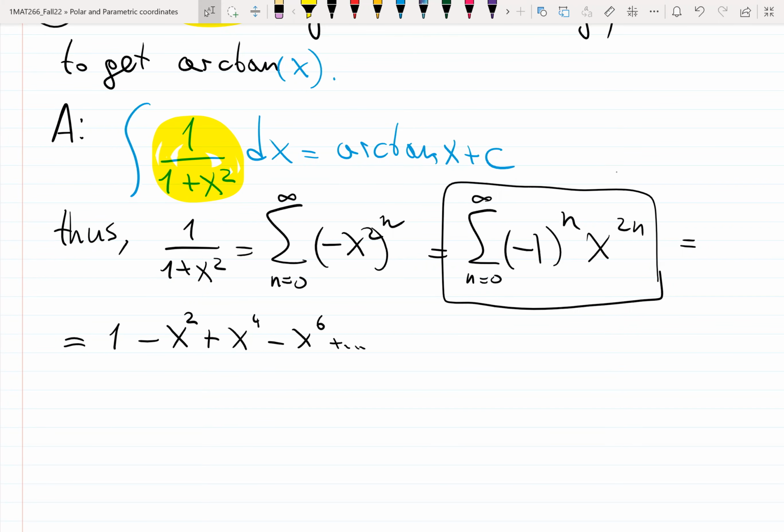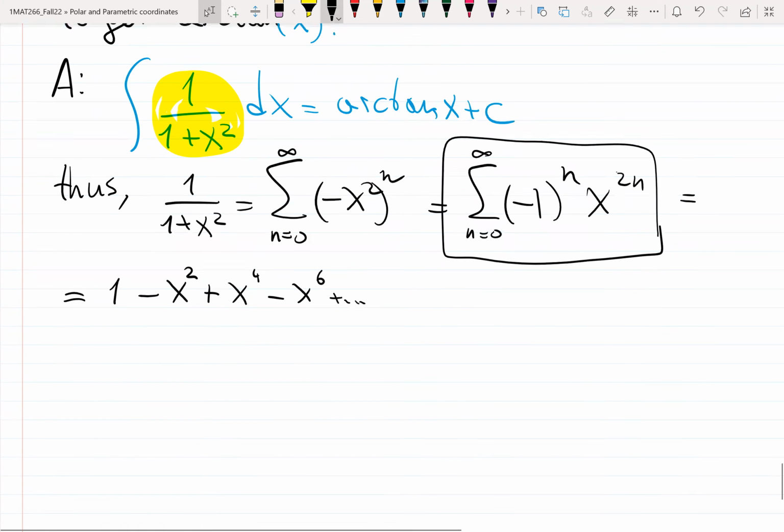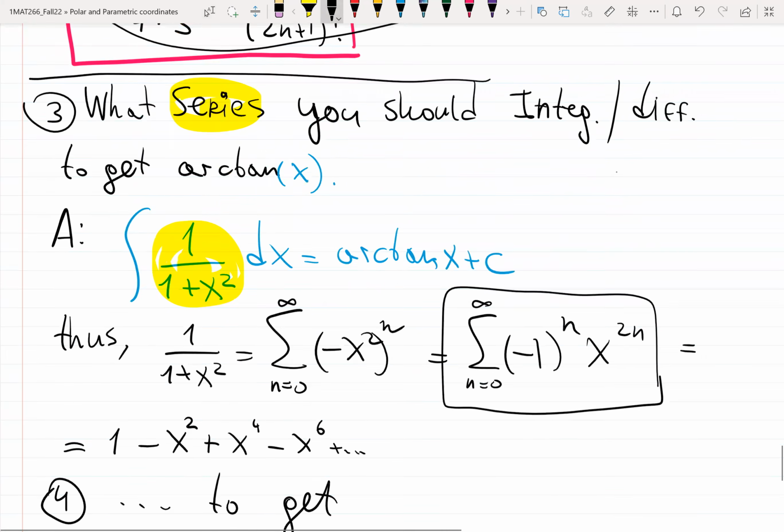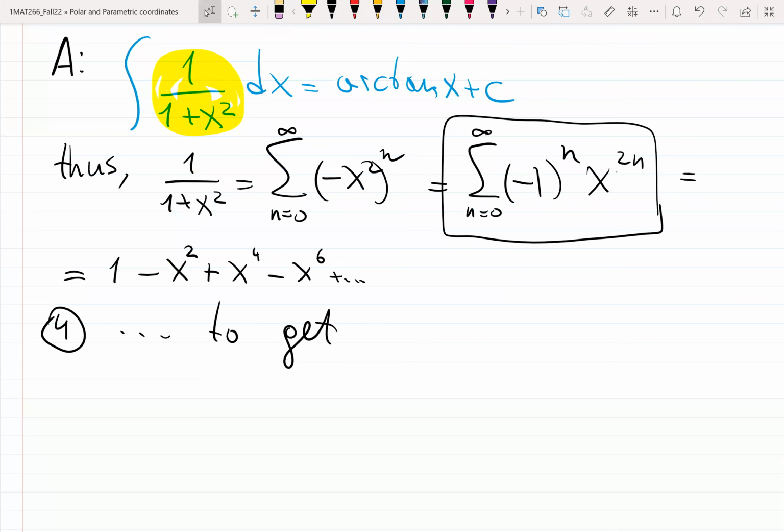So one more example is this one. Same question: what do you need to differentiate or integrate to get ln 1 plus x? How do you get ln 1 plus x?